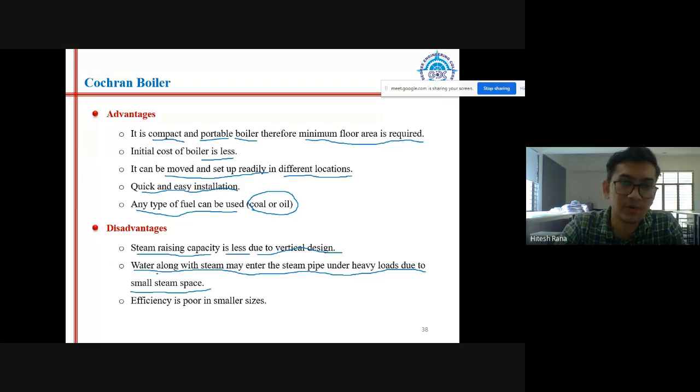That is the second point. Water or moisture along with steam may enter the steam pipe under heavy load due to small steam space.